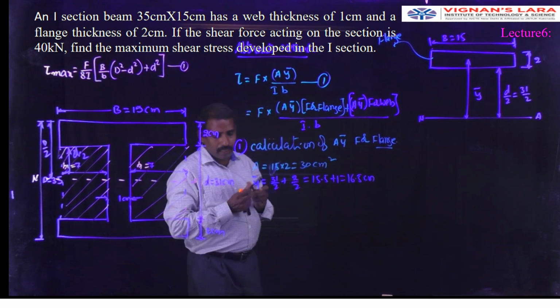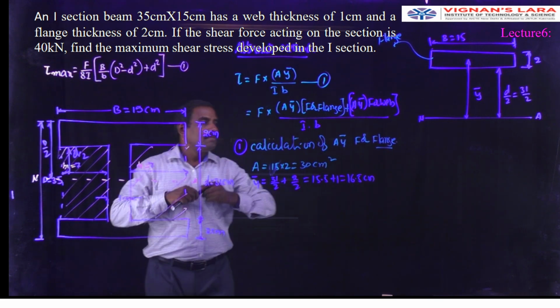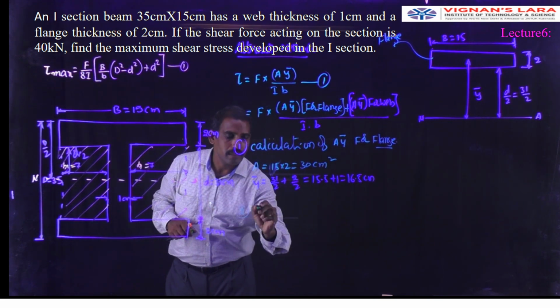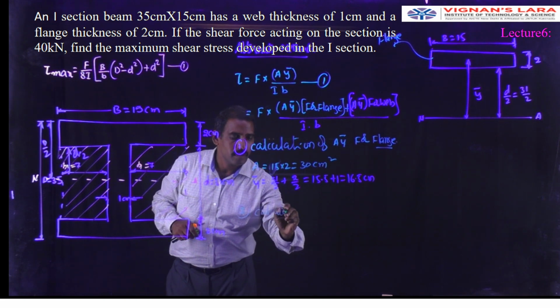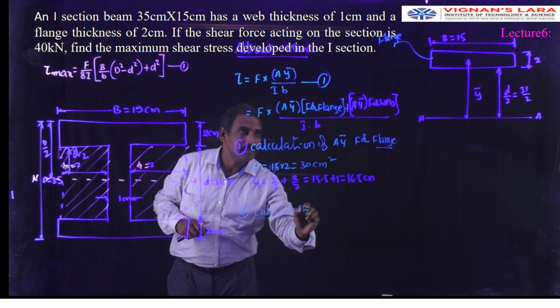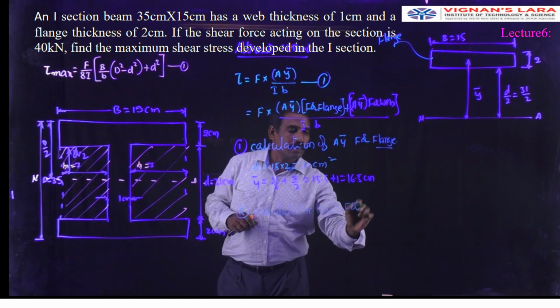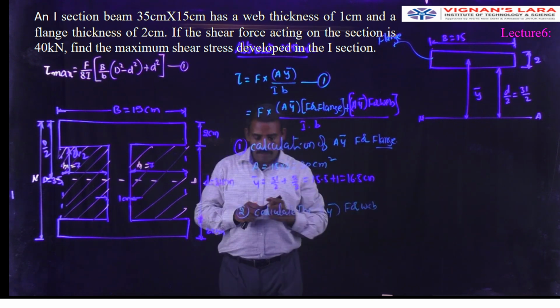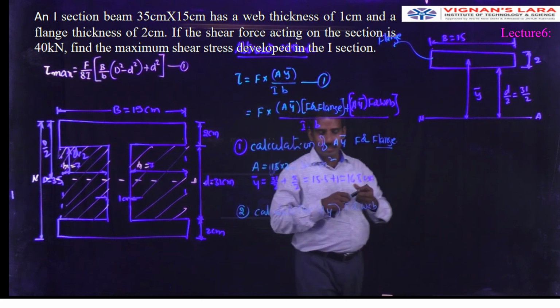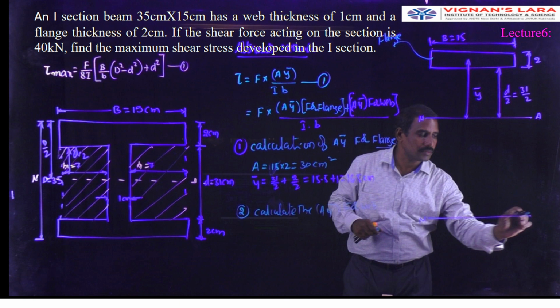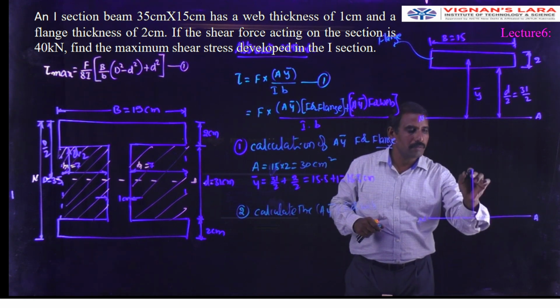Now calculate the AY bar for the web. Very simple. Better to draw the web. This is the neutral axis, as we know, and this is the web.